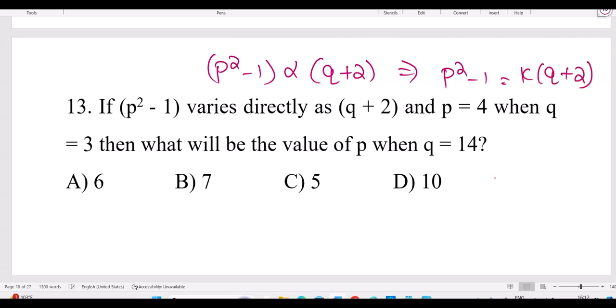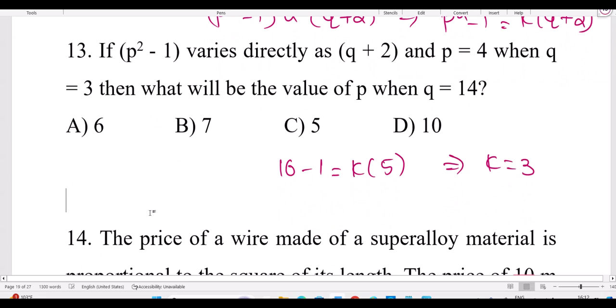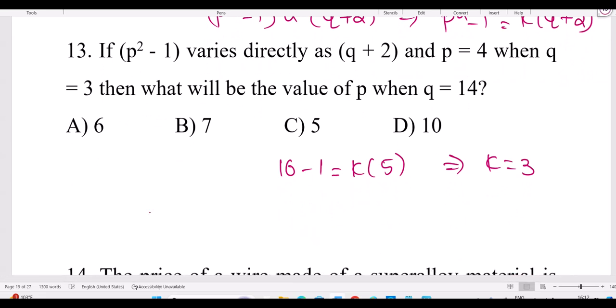Now the p value is 4. To find k, they have given a set of values here. So 16 minus 1, 15, is k into 5. So the k value is 3, right? Once you have the k value, your equation is p square minus 1 equals 3 into q plus 2.